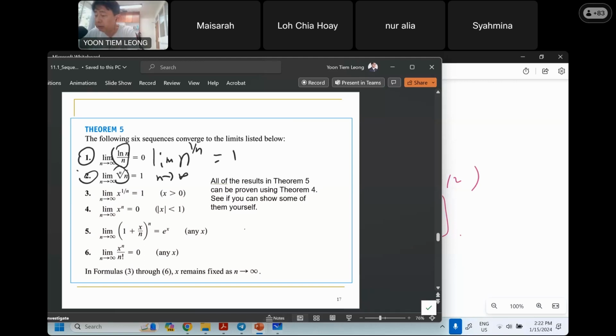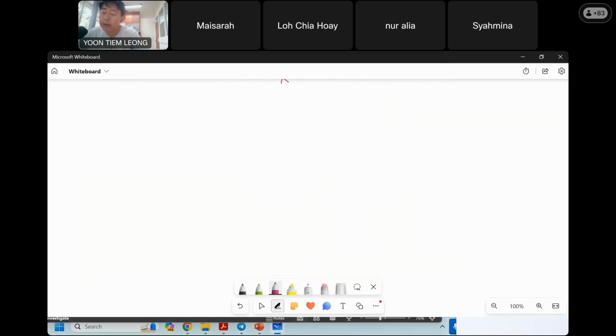I'm looking at item 2 in theorem 5, where we are talking about the limit of n raised to the power of 1 over n. This is the same as the nth root of n. So this and this both are different ways of writing the nth root of n.